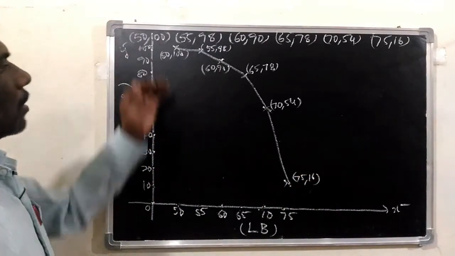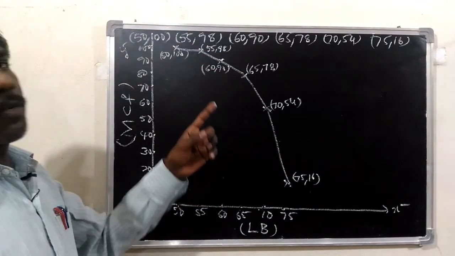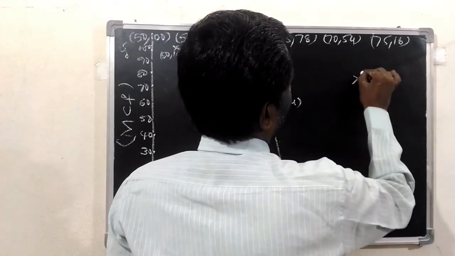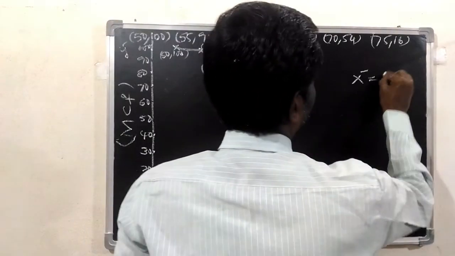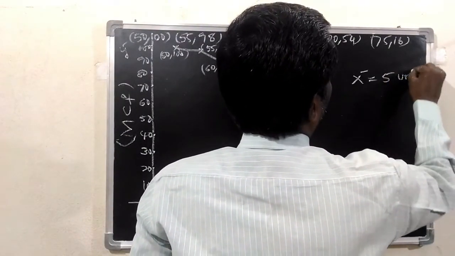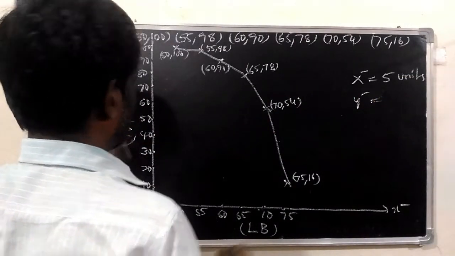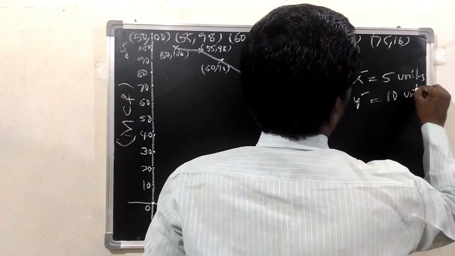So the curve is called the more than cumulative frequency Ogive curve. The scale on the x-axis is 5 units, and on the y-axis we take 10 units.